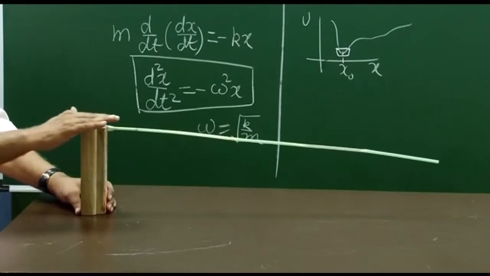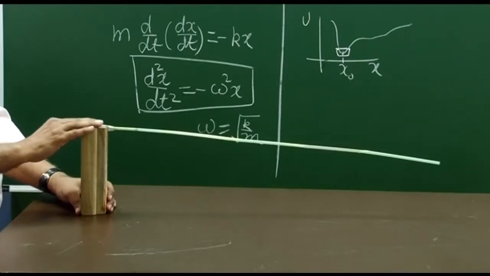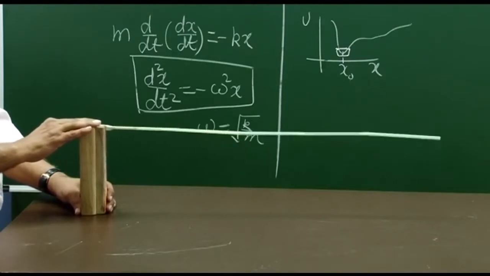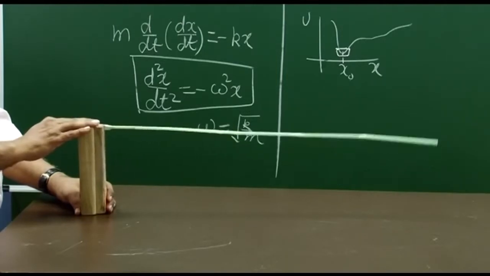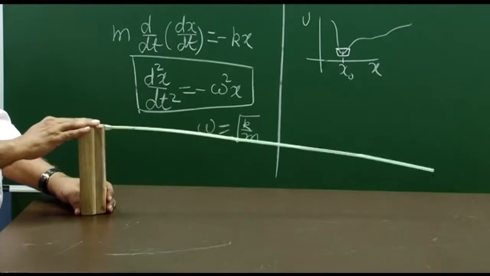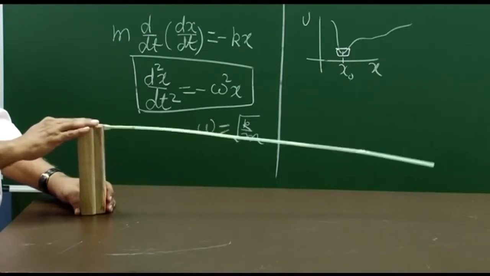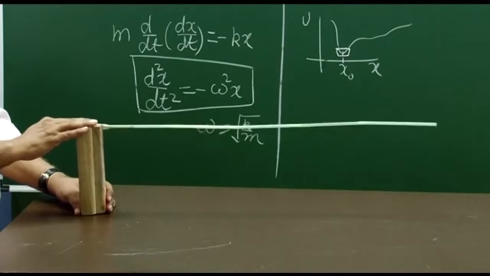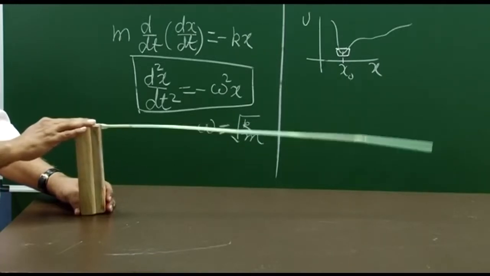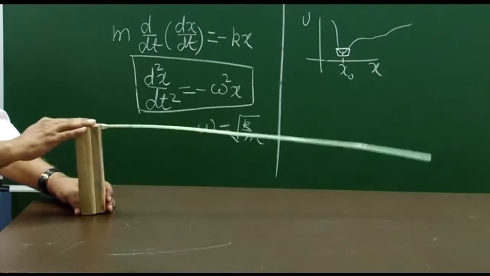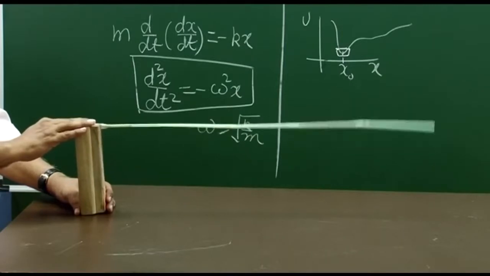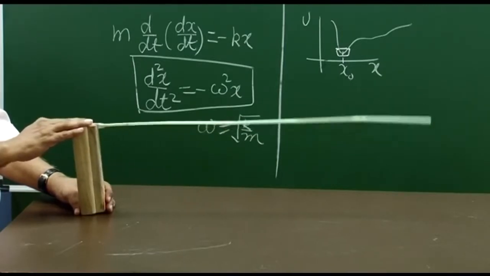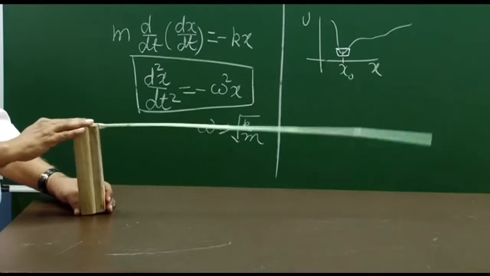And now I will go with an intermediate frequency and you see what happens. Look at the amplitude of that tip of the straw, and look at the amplitude that I am giving at my finger. I am moving my fingers with a very small amplitude, but you see a large amplitude appearing at the other end of the straw.